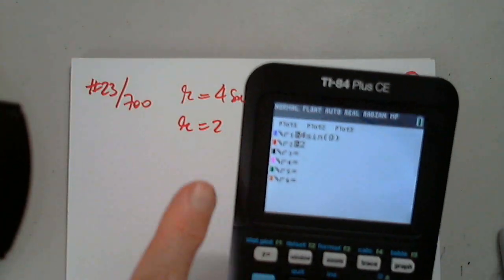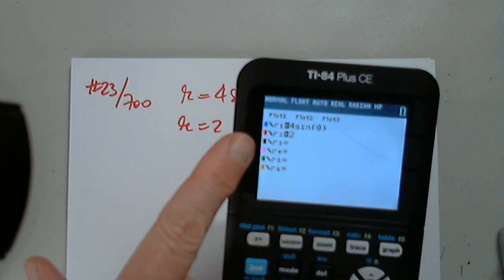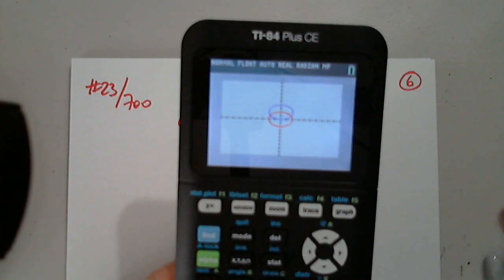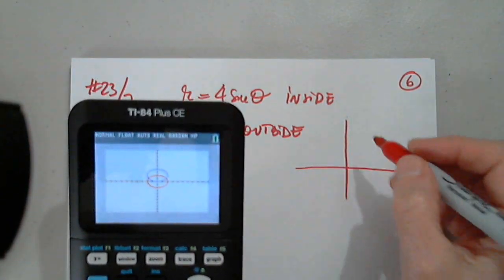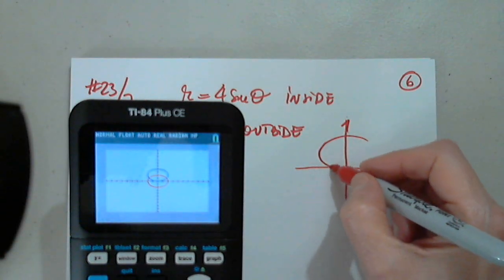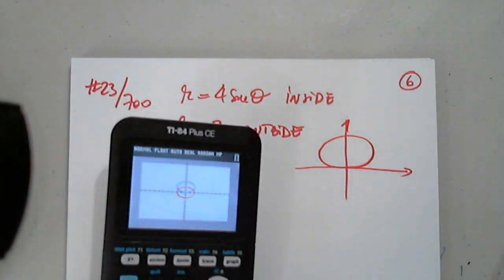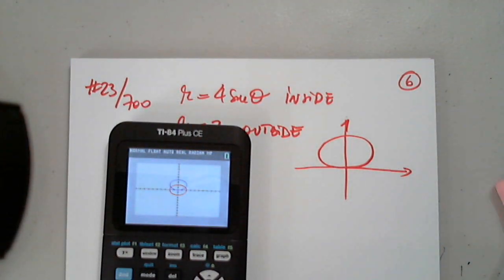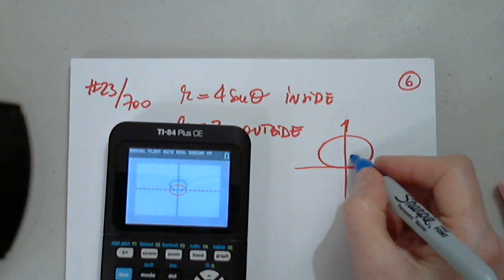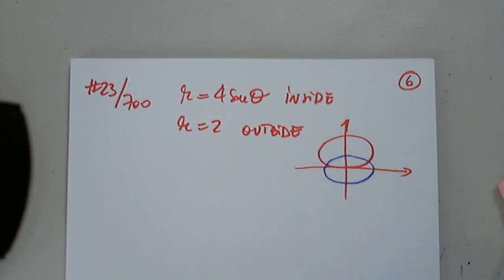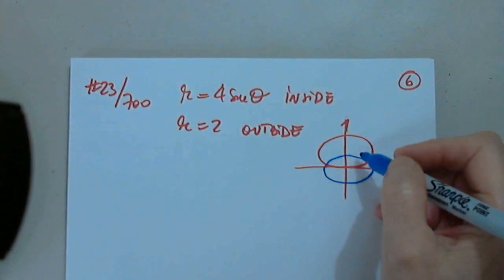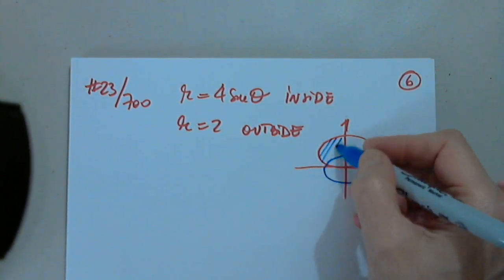So again, the blue curve is the first one, and the red curve is the second one. So here is the scenario. This is one curve, and this is the other. And they're asking us to determine the area inside the first curve, but outside the second one. So this is the area.